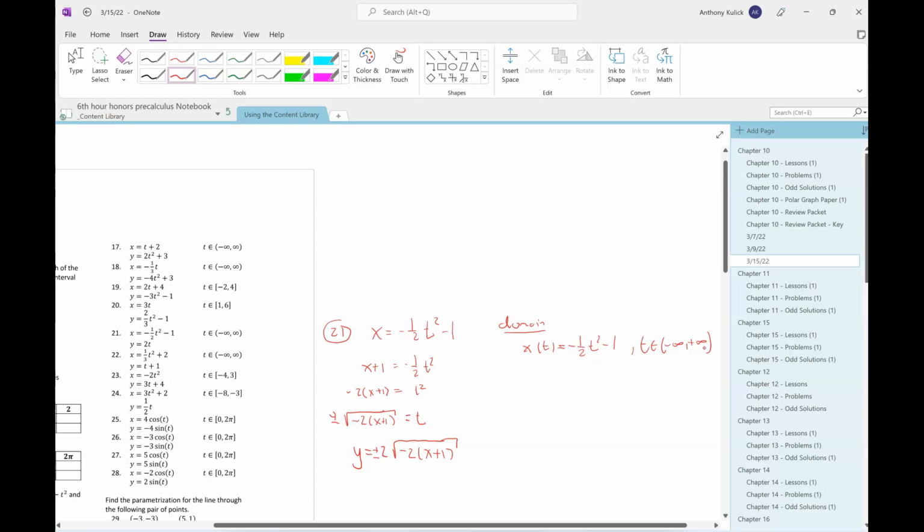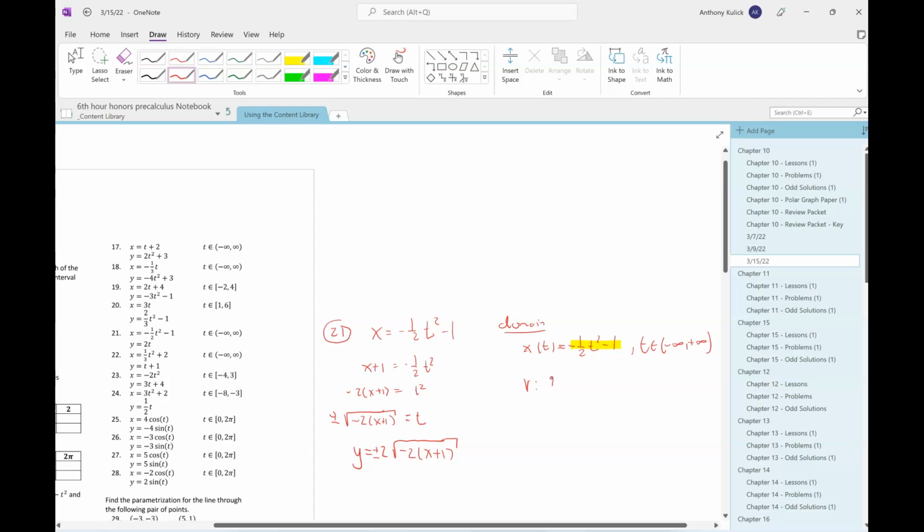So what I care about here, since this is a quadratic, is the vertex and then the endpoints. Now, here it's easy to see that because this is a parabola that's opening down, since the leading coefficient is negative, both endpoints are going to negative infinity. The vertex then is the part that I'm going to care about.